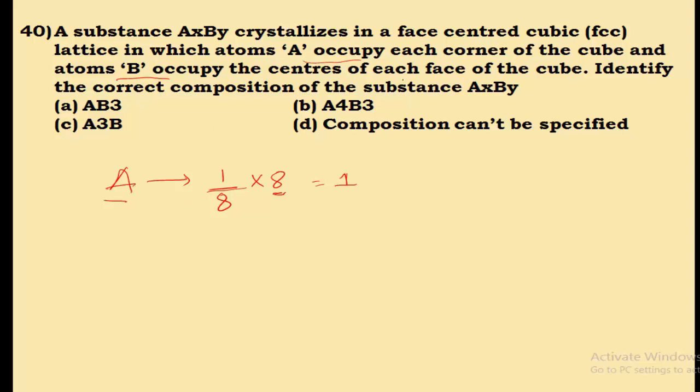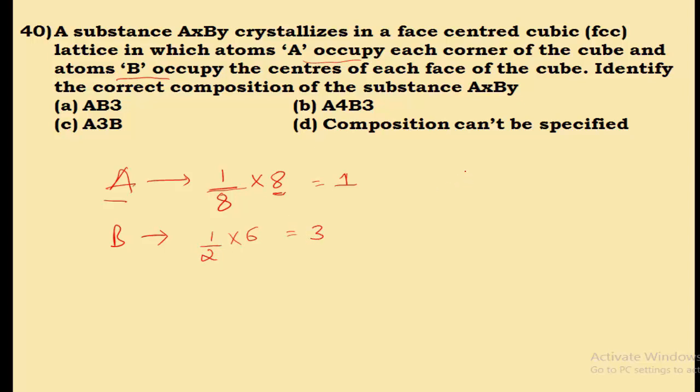And B occupy the centers of each face of the cube. So B is present at the face. Now, how many faces are there for a cube? 6 faces. From each face, how much portion of atom belongs to the unit cell? 1 by 2. So how much will you get? 3.